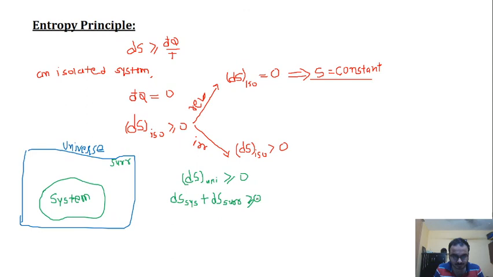Here what they are trying to say is that the overall summation of the change of entropy of system plus surrounding will always be greater than or equal to 0.